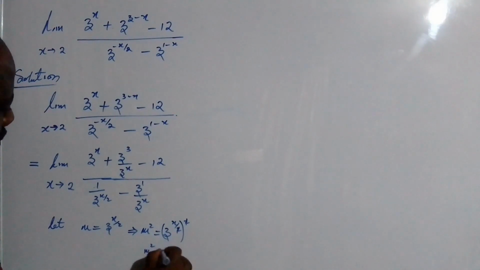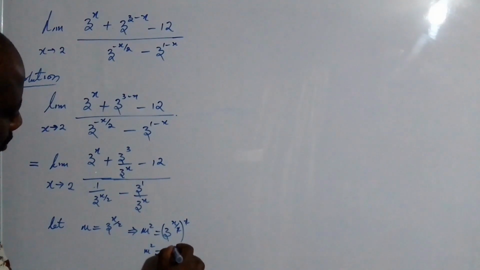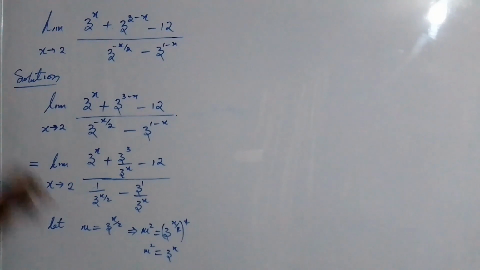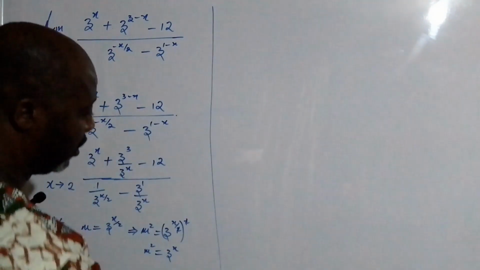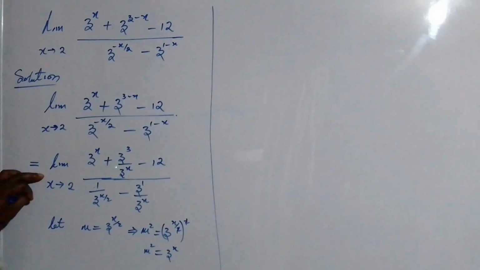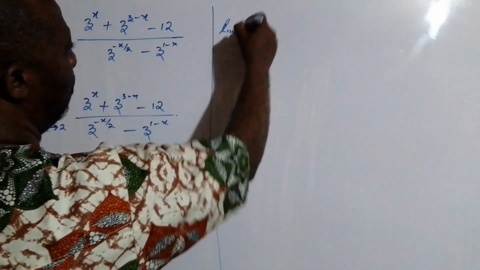So we have m squared equal to 3 to the power of x. So whenever I have 3 to the power of x, we simply substitute m squared there.